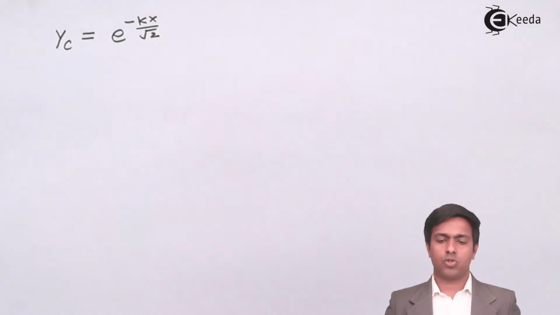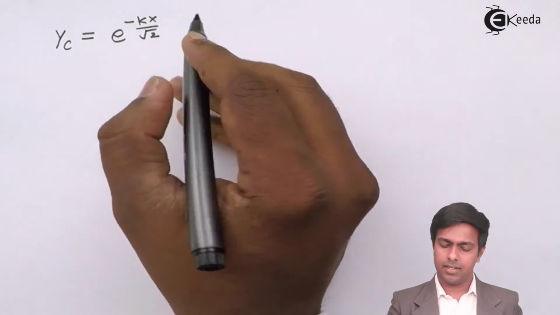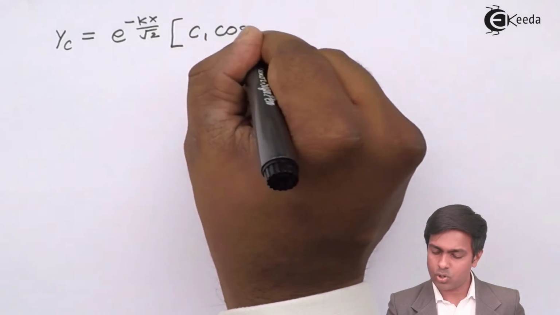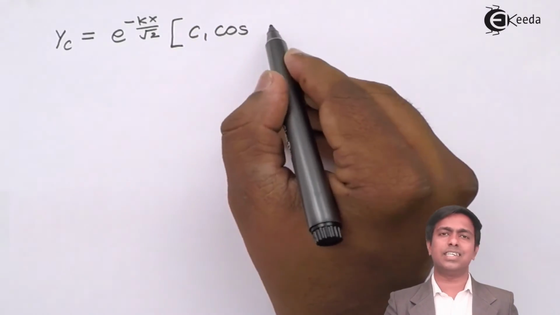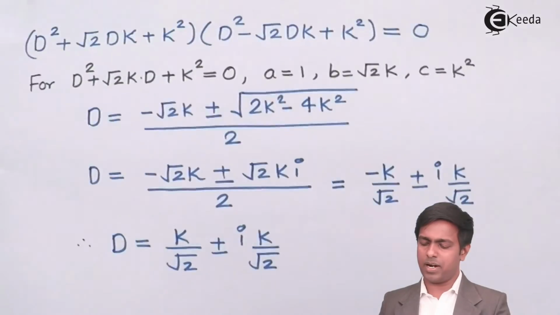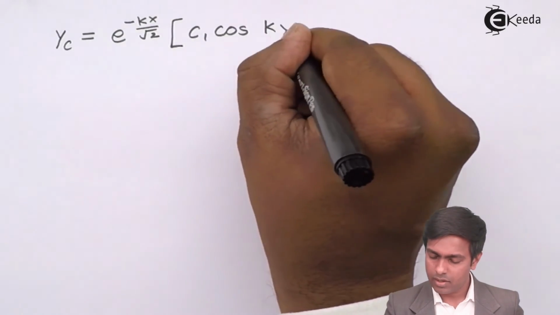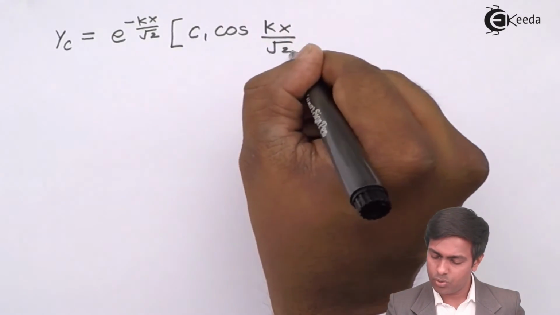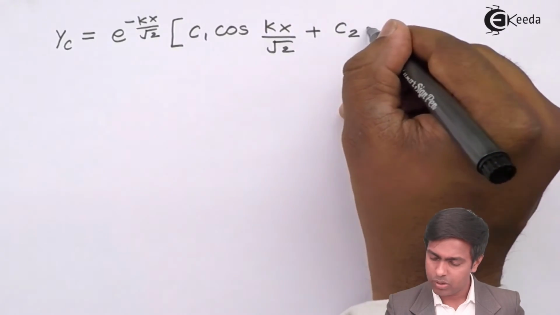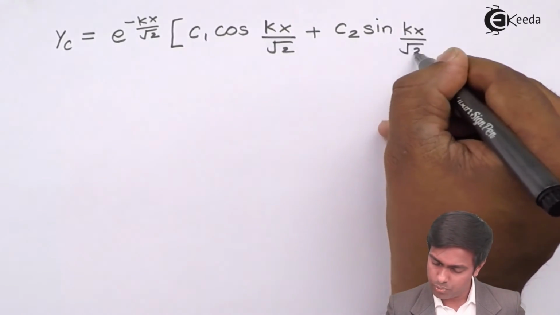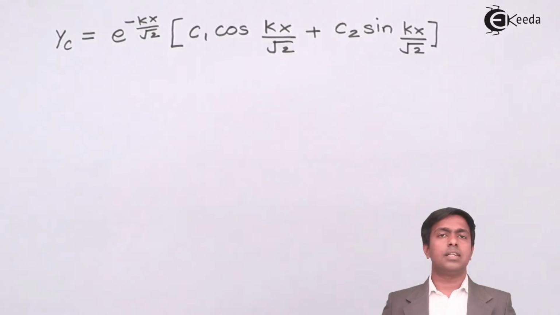So e to the power negative k by root 2 into x, in the bracket we will get C1 cos of, here the angle is the imaginary part, so the imaginary part is again k by root 2, so here we will get kx by root 2 plus C2 sine kx upon root 2. So this is yc for the first two roots.